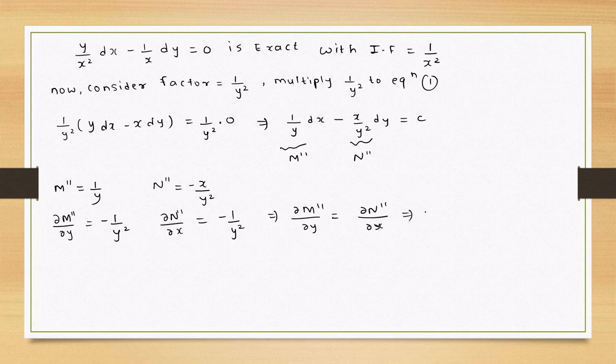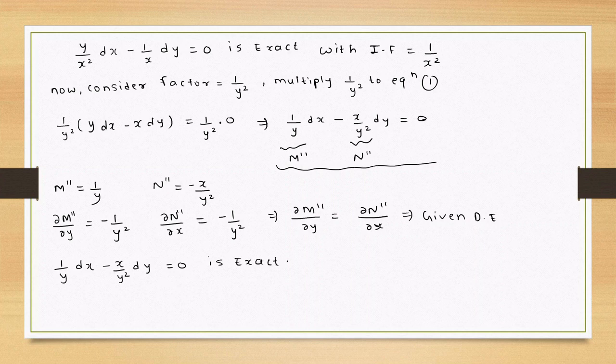So the given differential equation, 1 upon y dx minus x upon y square dy is equal to 0, is exact.